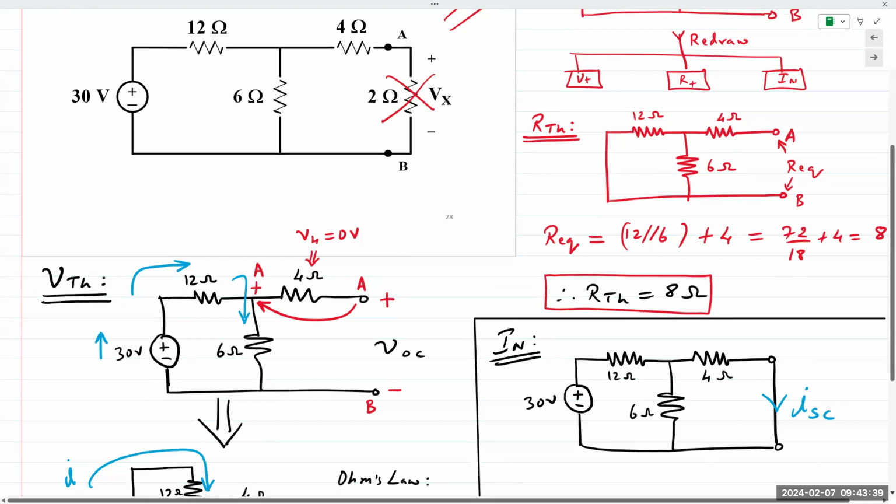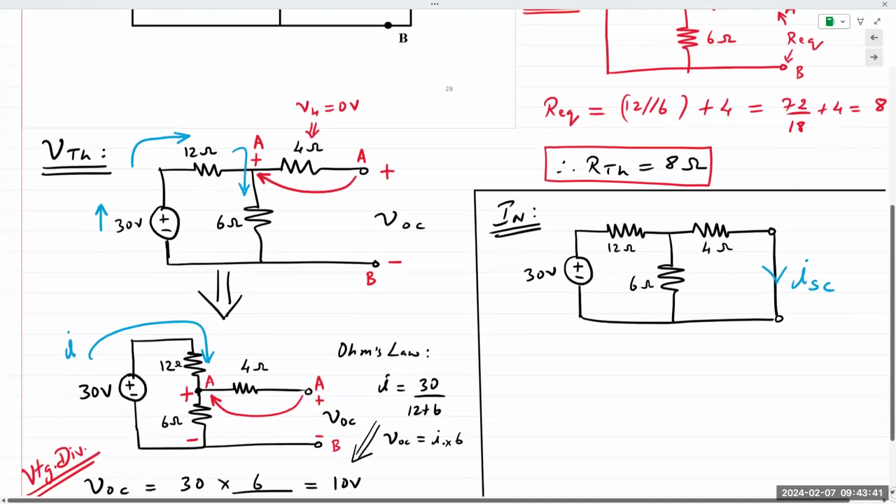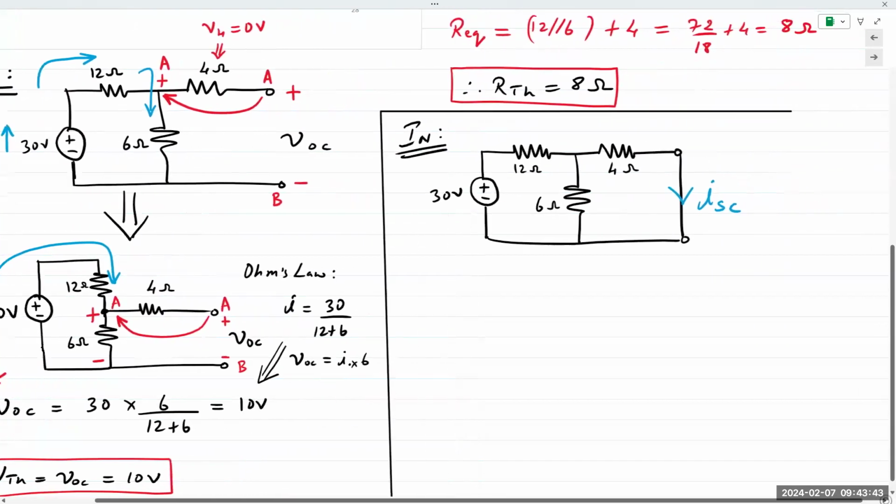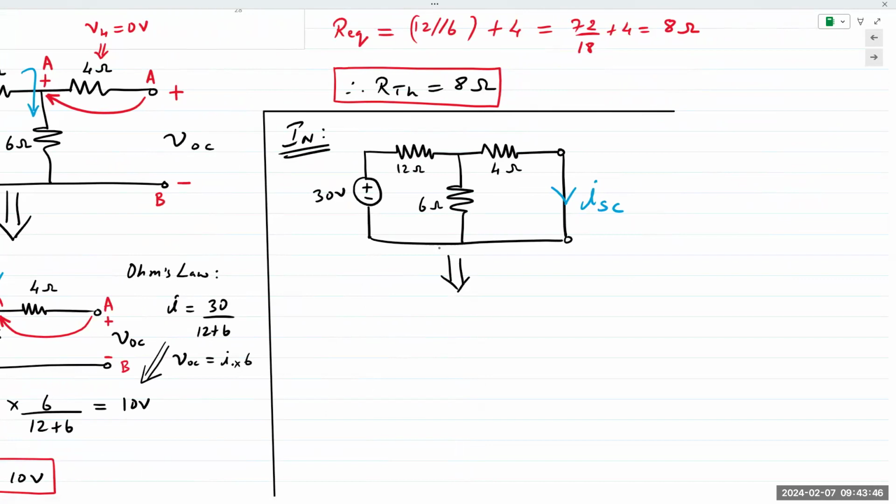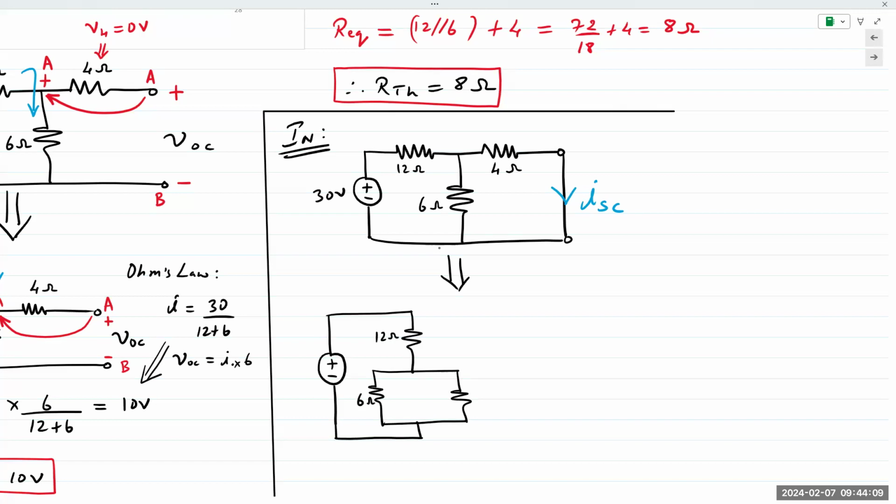I can redraw the circuit. And the circuit can look like this. This is the 12 ohm resistor. This is the 6 ohm. And this is the 4 ohm.